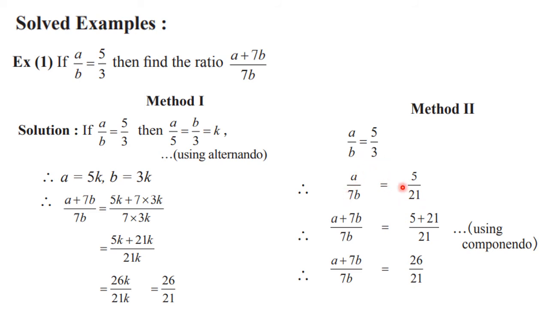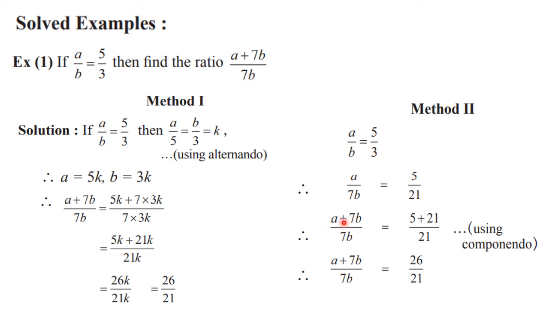That is why you will observe the change in the denominator at both places. How have we decided? By observing the question, that in the question the numerator is a and the denominator is 7b. So take them as it is here and do the necessary changes on both sides. Now afterwards, as I have said, we have observed that we have to make use of the property of componendo.